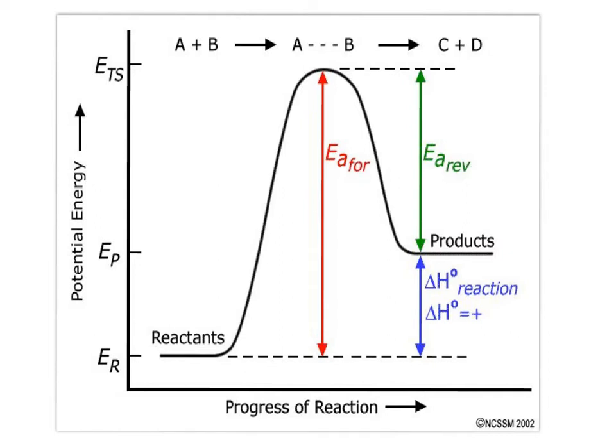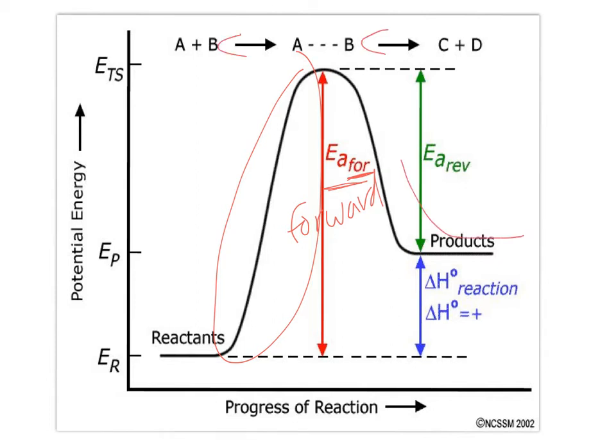First of all, you should realize that this is the activation energy right here, is the activation energy for the forward reaction. And as we get into chapter 17 and talk about equilibrium, we are going to talk about the fact that reactions can often run in the reverse direction, and that here would be the activation energy for the reverse reaction when you're going the other way.